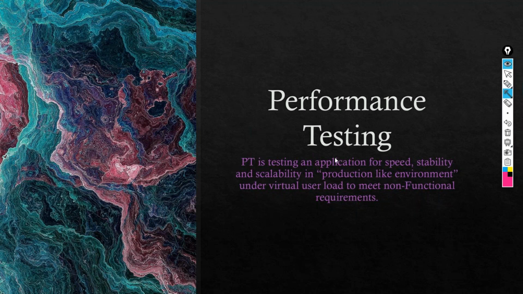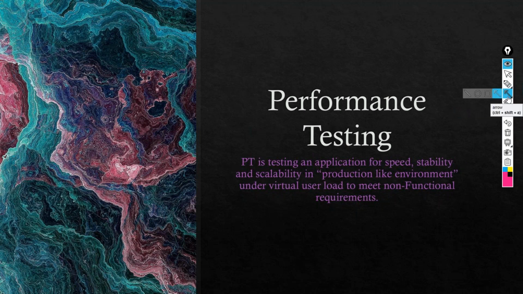But if you see the textbook definition here, it says performance testing is testing an application for speed, stability, and scalability in a production-like environment and under virtual user load to meet non-functional requirements. This definition looks a little complex to understand in one go.